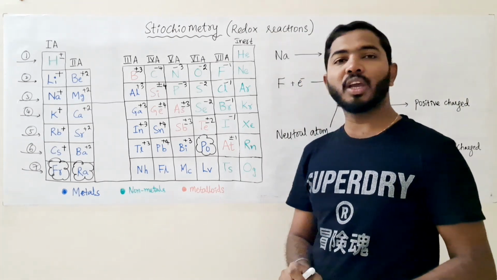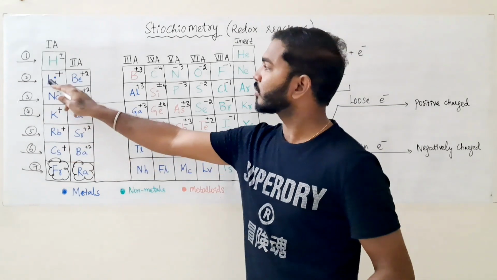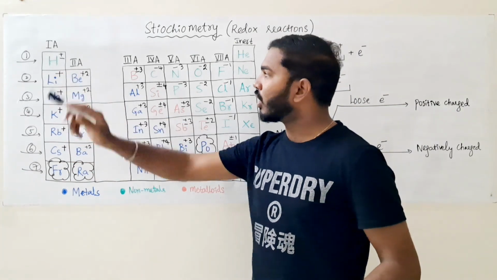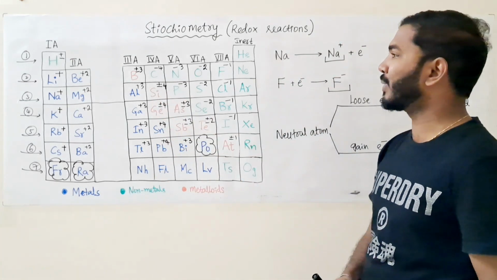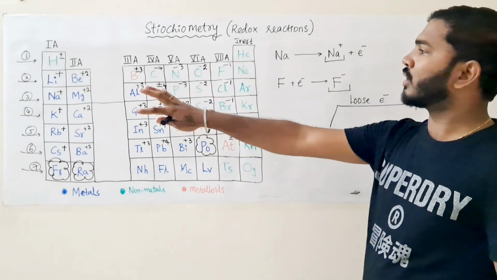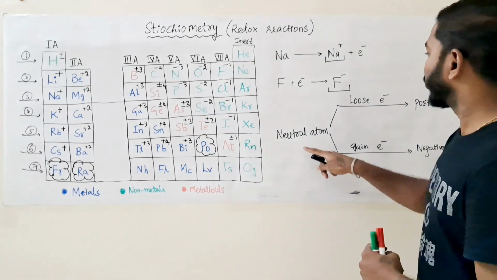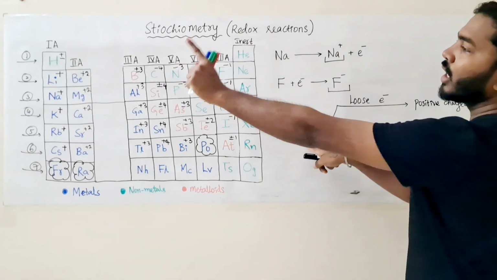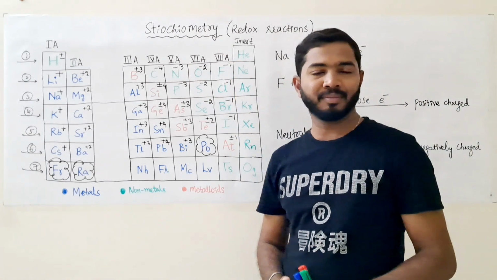If you look here in the periodic table, these are all cations. Lithium got a +1 charge, beryllium +2, and aluminium +3. After observing all this, we can understand that before gaining one electron, fluorine used to be neutral.